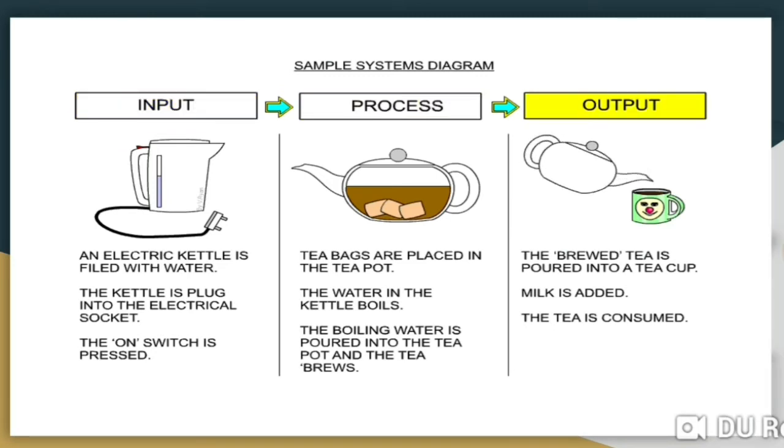The boiling water is poured into the teapot. The tea brews. Finally, the brewed tea is poured into the teacup. Milk is added. The tea is consumed. Now the final result is in front of you: tea has been prepared. Similarly, our program works on the basis of input, process and output.